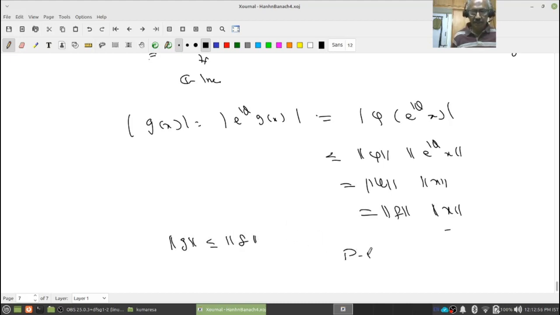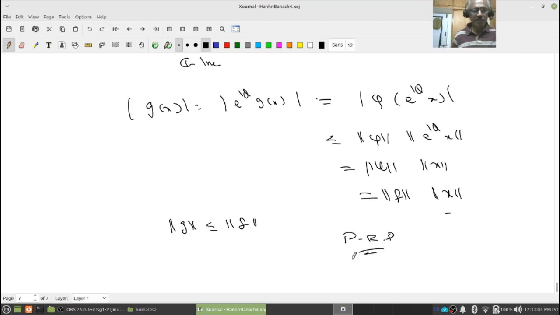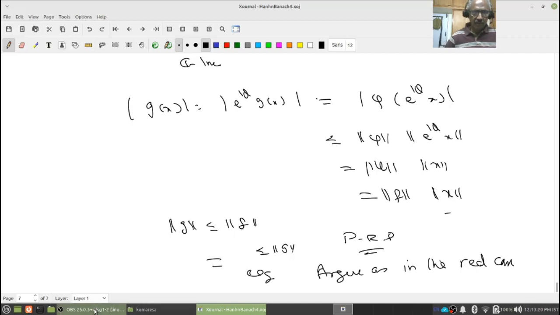Pause. Review. Proceed. As we argued in the real case, we know that norm of f is also less than or equal to norm of g, and therefore equality holds. Argue as in the real case. So that's it. We have proved it.